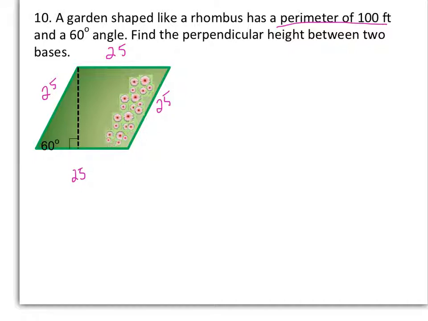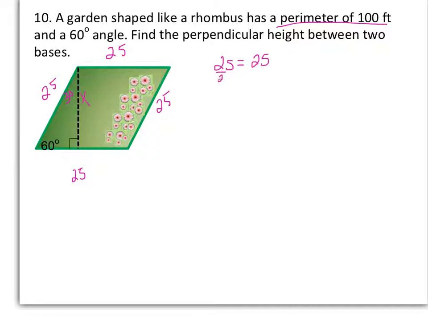Okay, and if we want to find the perpendicular height between the two bases, we're looking for that side. All right, so that means this is our 30-degree angle. We are given the hypotenuse as 25. So remember, the hypotenuse is twice the short side. So 2s equals 25.